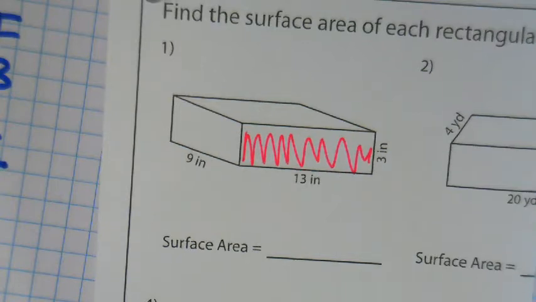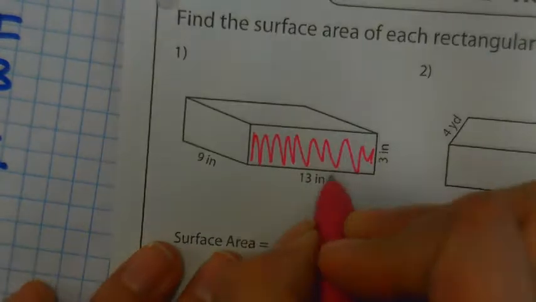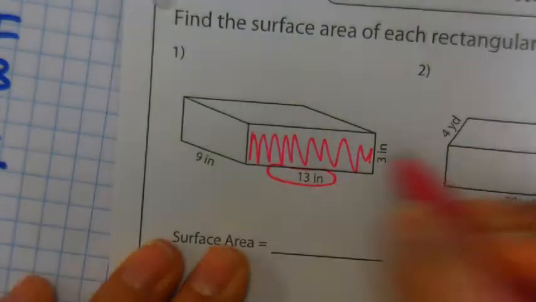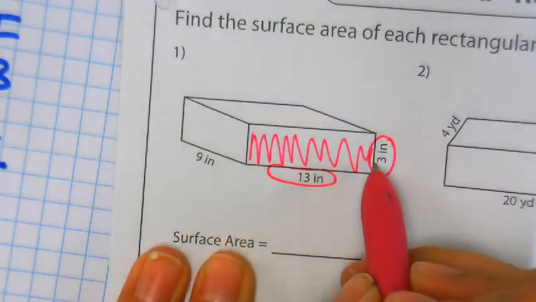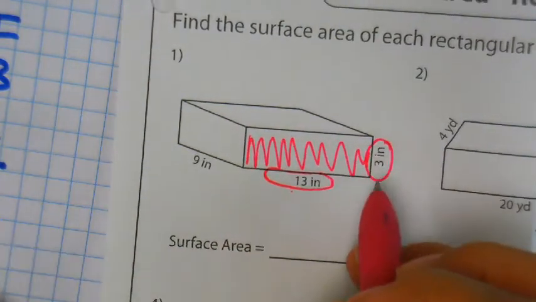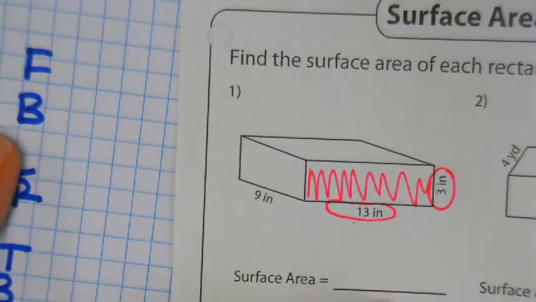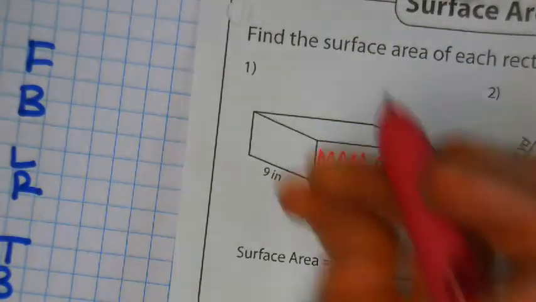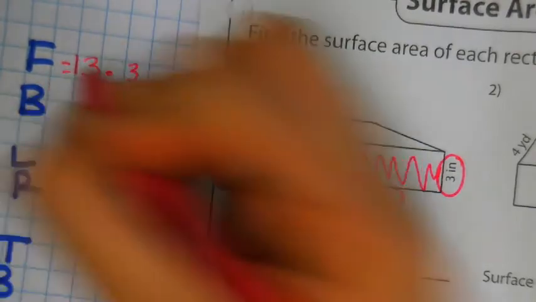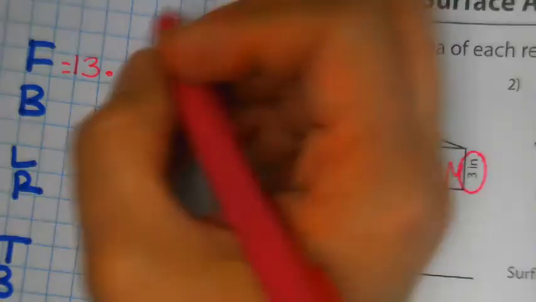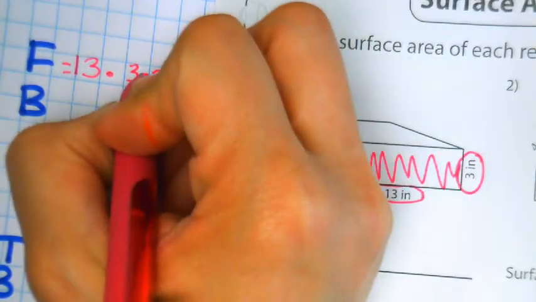What 2 numbers am I going to multiply? So I'm going to multiply 13 and 3. Those are my measurements from the front side. In my notebook, I'm going to write that I'm going to multiply 13 times 3 equals 39.